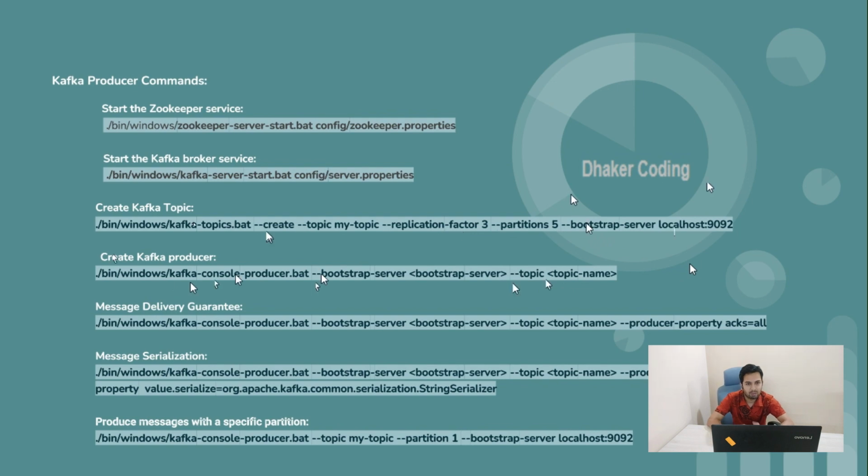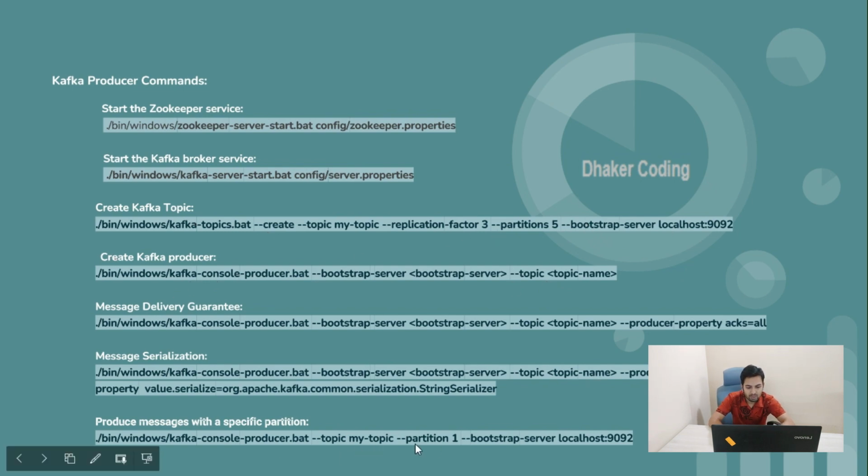But let's say I want to give some extra options to the producer, like the acknowledgement or a particular partition. Let's say in the Kafka topic we have created multiple partitions, and I want this data to be published only to a particular partition.